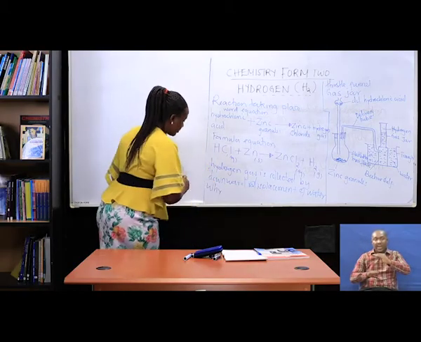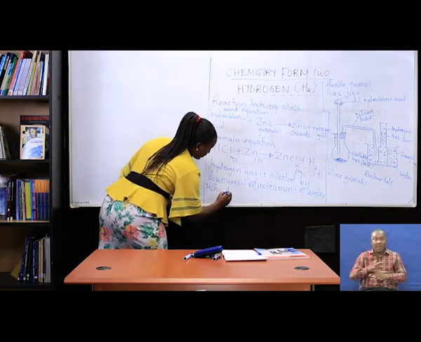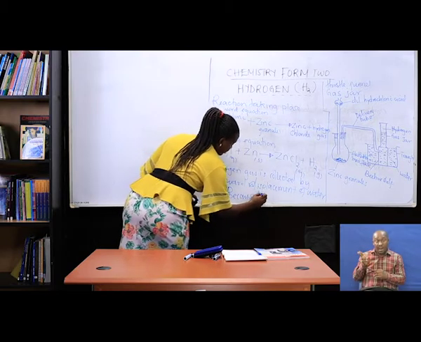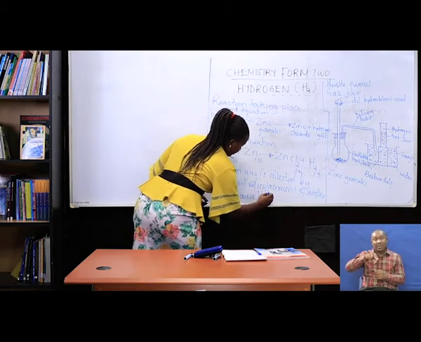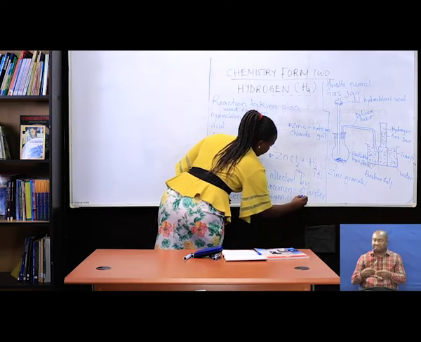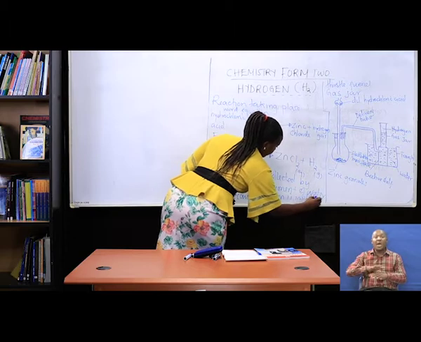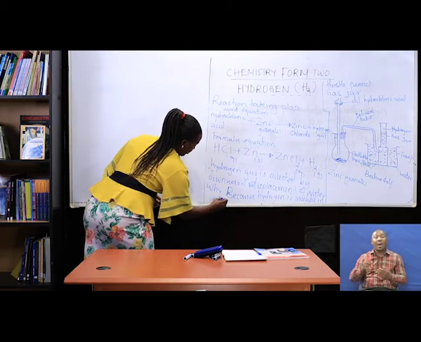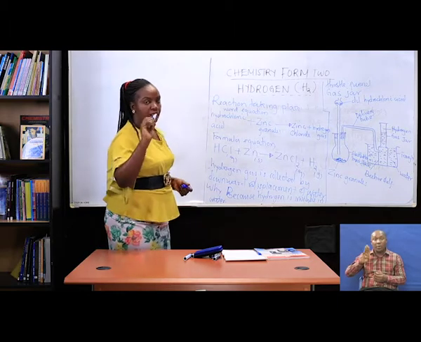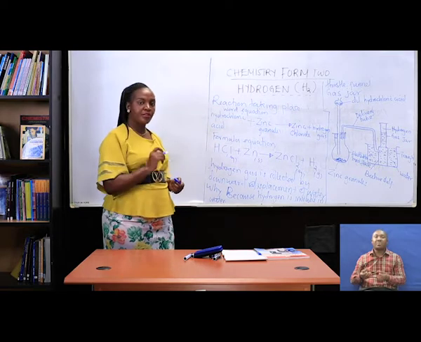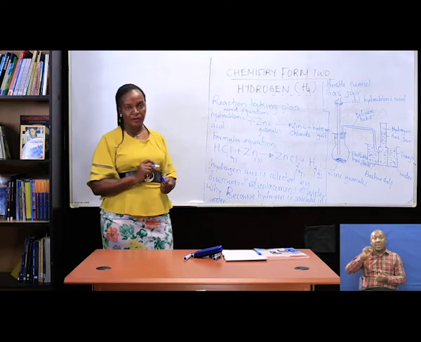The answer is because hydrogen is insoluble in water. The word insoluble means hydrogen does not dissolve in water. So we collect hydrogen by downward displacement of water.